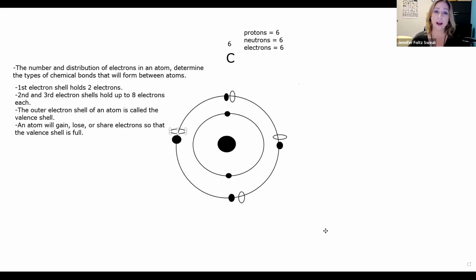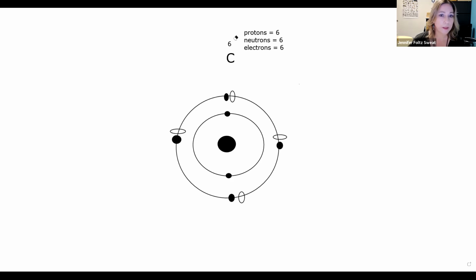So carbon has a need for 4 more electrons in order to fill the outer shell and be chemically stable. What that means is carbon will bond with other atoms until it is sharing 4 more electrons. So let me erase some of this here, and I can show you how that will work.